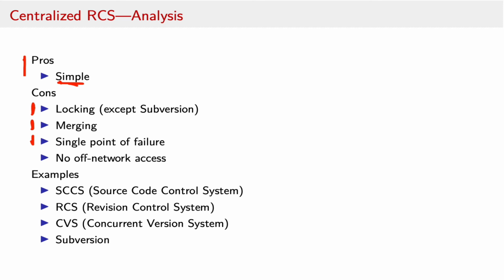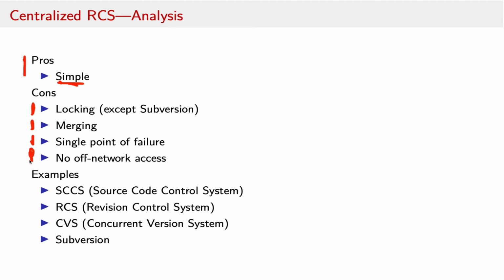And if there's a problem with that server, or the power goes off in that server room, or the disk crashes or something like that, you're now going to be unable to do anything with the revision control system across your entire team until that server comes back up. So that can be a problem if you've got particularly a large number of developers that are all relying on that centralized system. If it goes down, you're stuck.